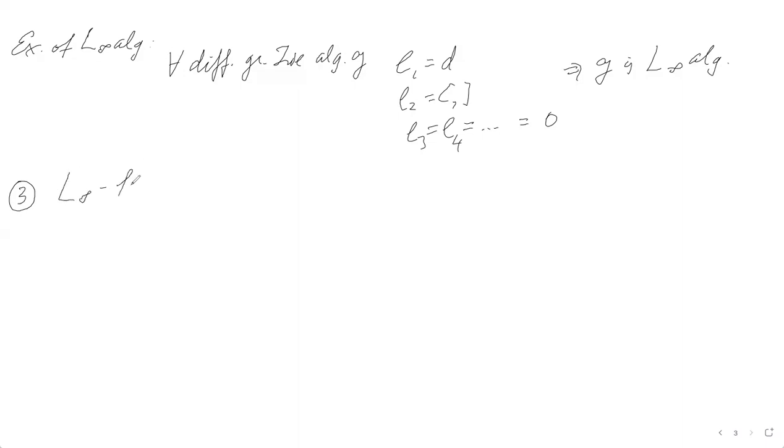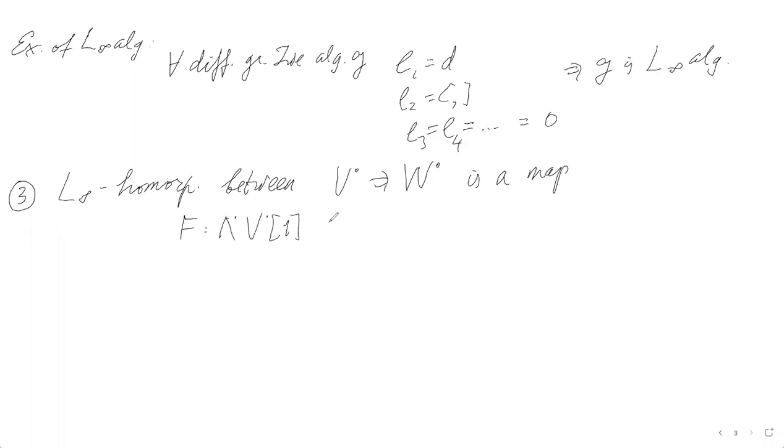So an L infinity homomorphism between two L infinity algebras V and W, say, is a map F from one co-free coalgebra co-generated by V dot shifted into another co-free coalgebra co-generated by W dot shifted.